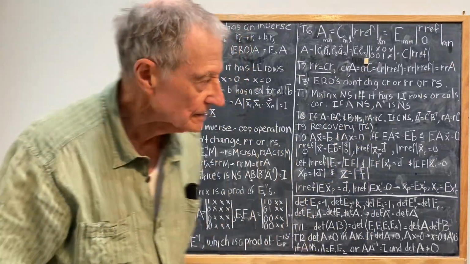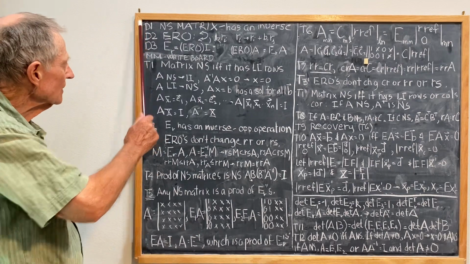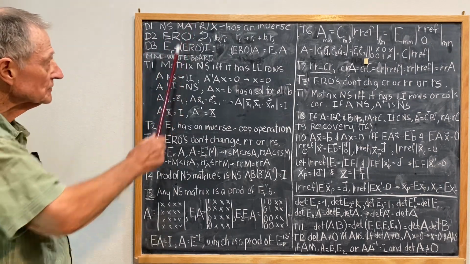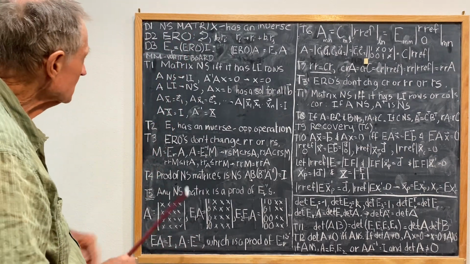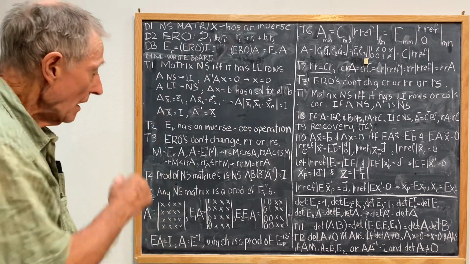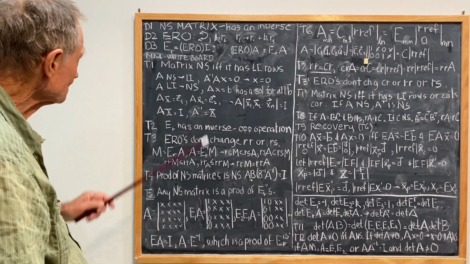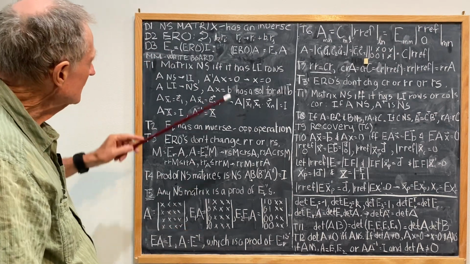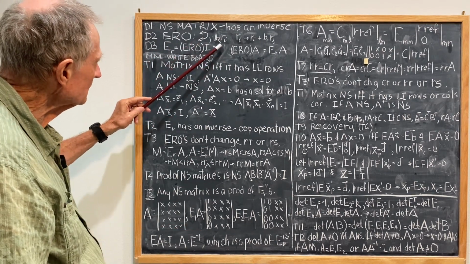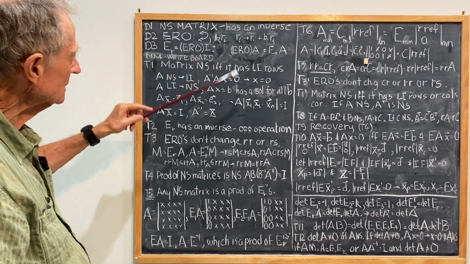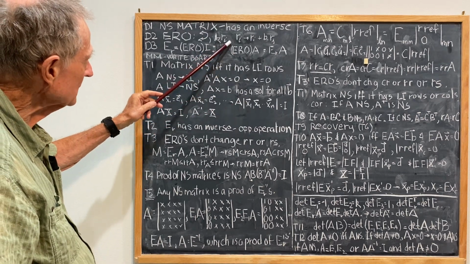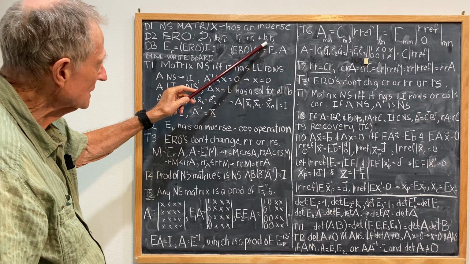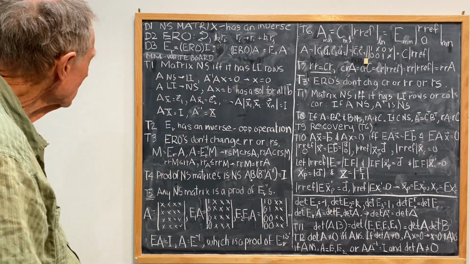To begin with, I'm going to give a few definitions. A non-singular matrix is a square matrix which has an inverse. An elementary row operation on a matrix consists of either interchanging rows, multiplying a row by a constant, or replacing a row by the row plus a constant times another row.